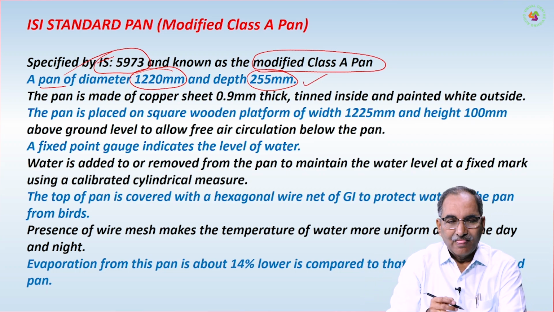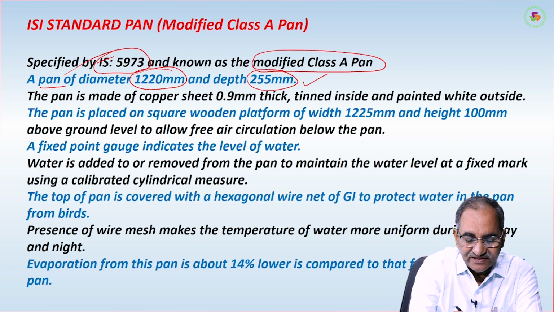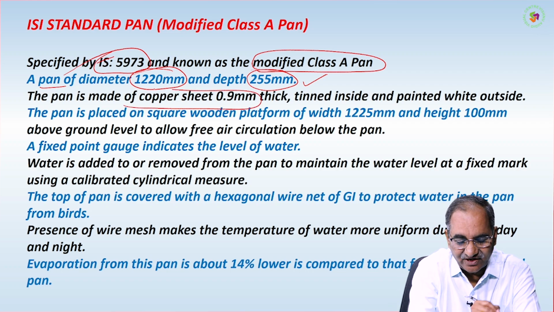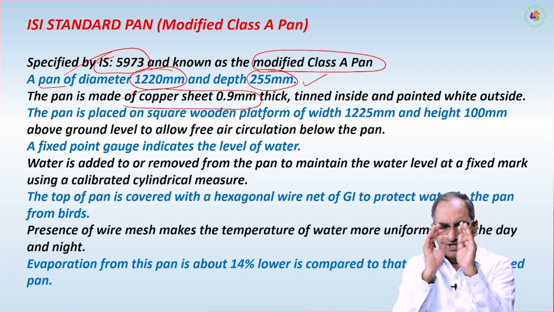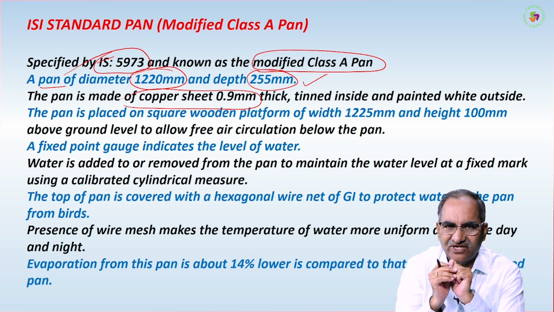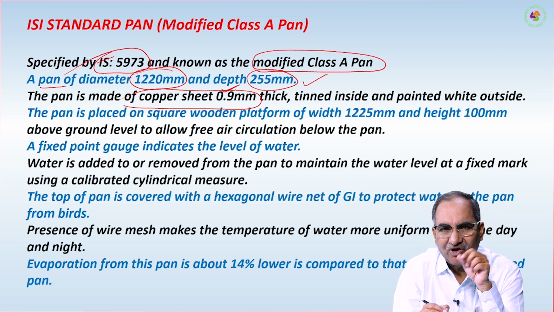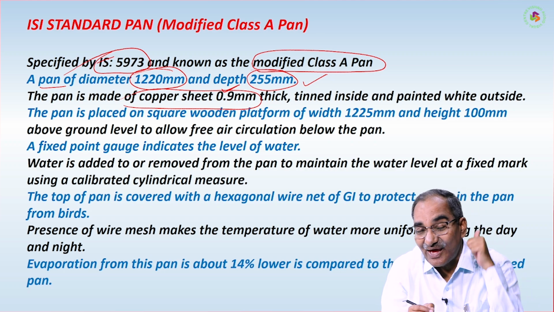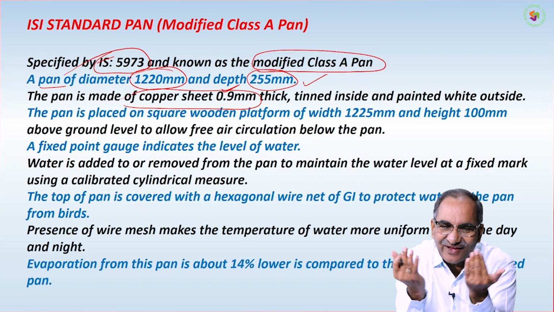Then the ISI standard pan is made of copper sheet. That means the cylindrical wall and the base are made of copper sheet, and the thickness of that copper sheet is 0.9 mm. Whereas the class A pan is only galvanized iron, an iron pan.